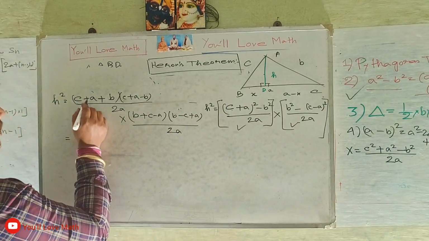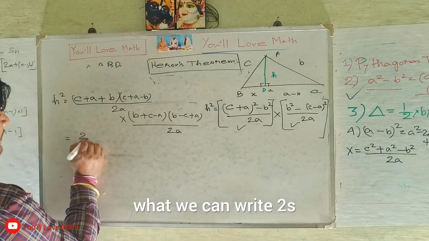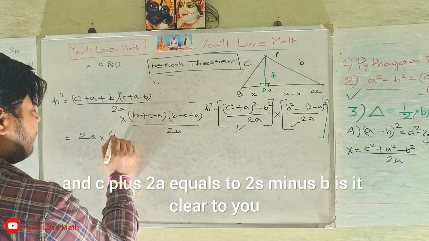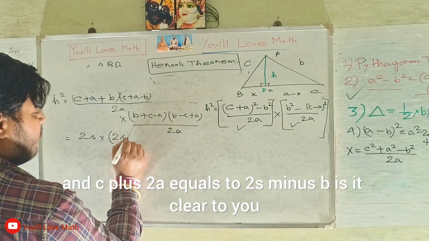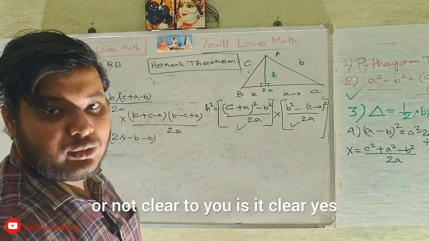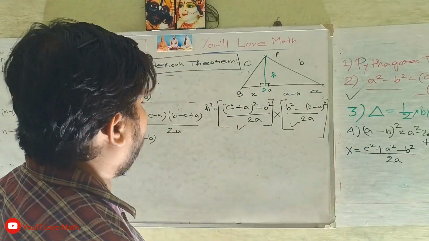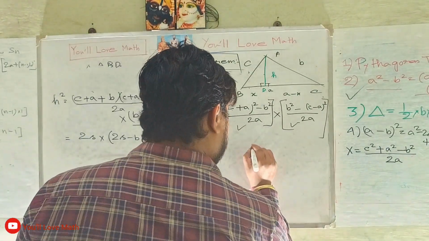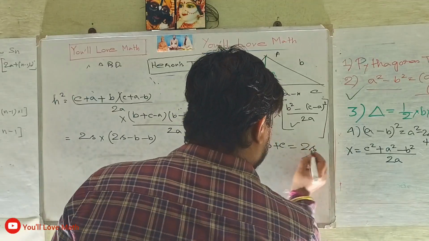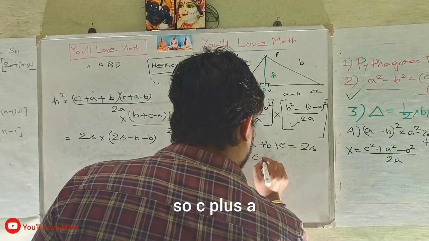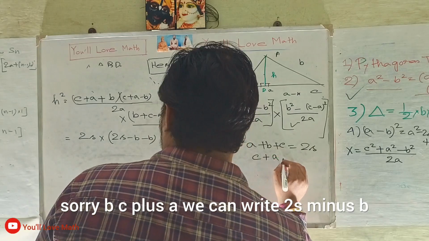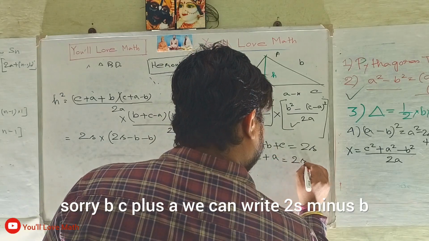So now what can we write? 2s for c plus a plus b, and c plus a minus b equals 2s minus b. Is it clear to you or not? Yes. If not clear, a plus b plus c equals 2s. So for c plus a, we can write 2s minus b.